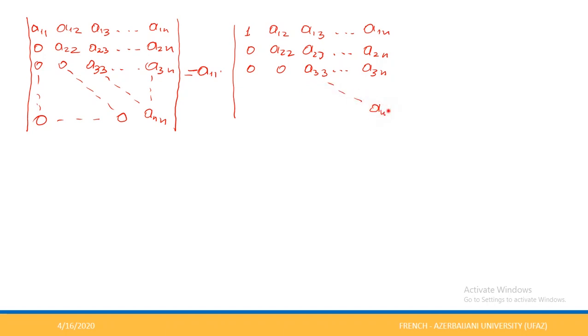Here there is ann, and all elements below the diagonal are zeros.